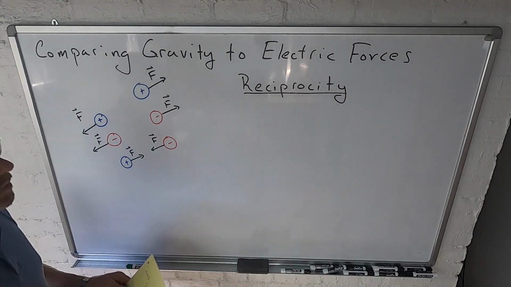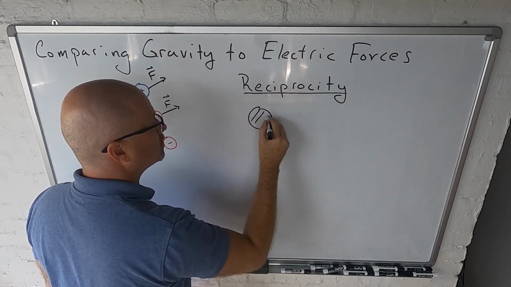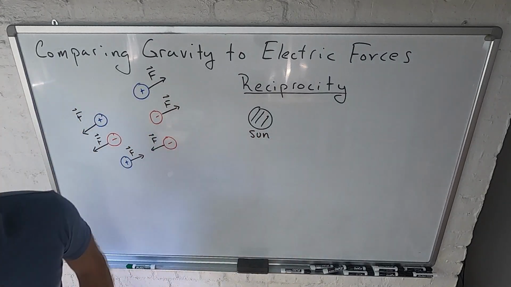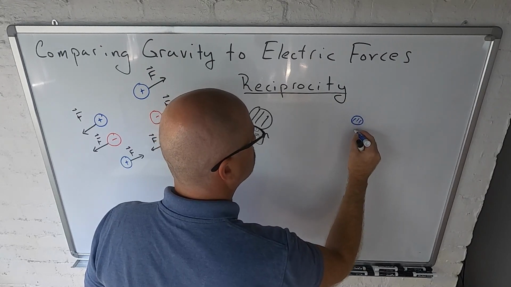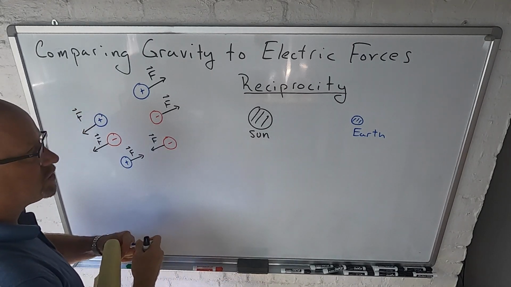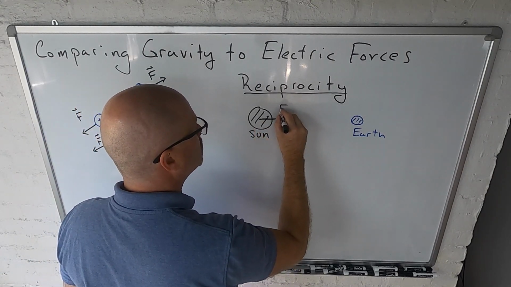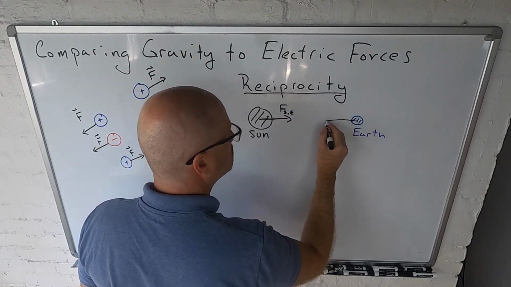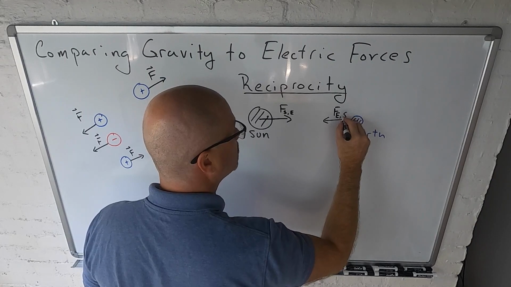So, for example, if we look at a similar problem compared to the one that we did in class, where I take the sun, for example, and the earth, or any planet and any star, or any gravitationally attracted bodies, the force on the sun by the earth will be equal in magnitude as the force on the earth by the sun.